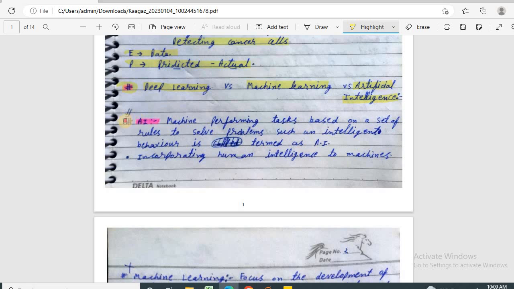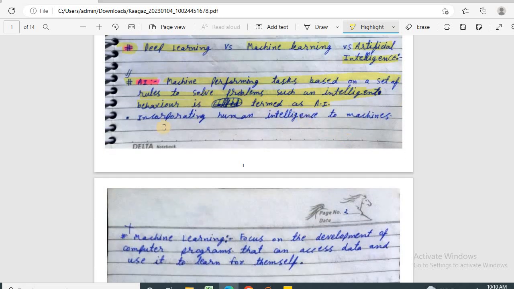Now what is artificial intelligence? Machines performing tasks based on a set of rules to solve problems. We define a set of rules, and then our machine performs tasks on the basis of those rules. Such intelligent behavior is termed artificial intelligence.